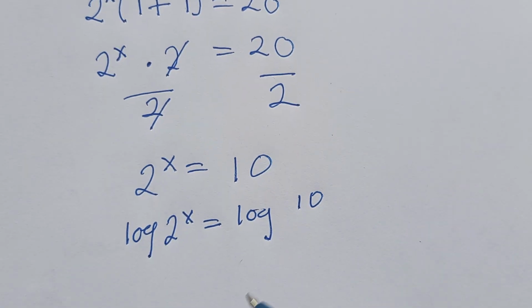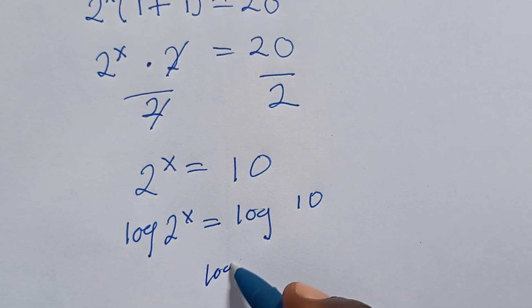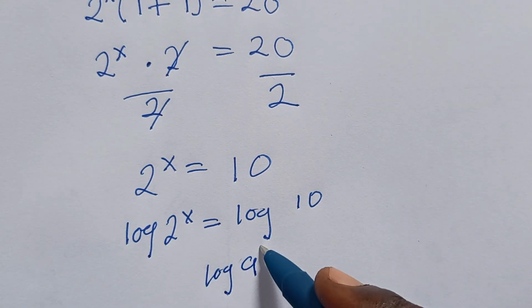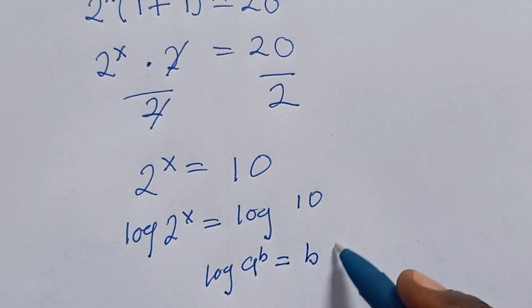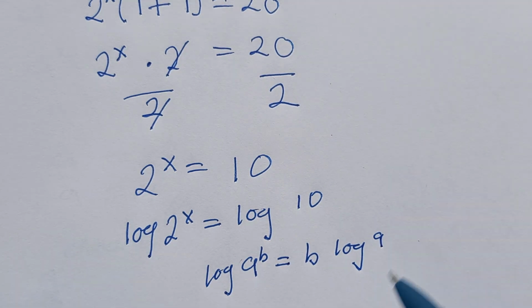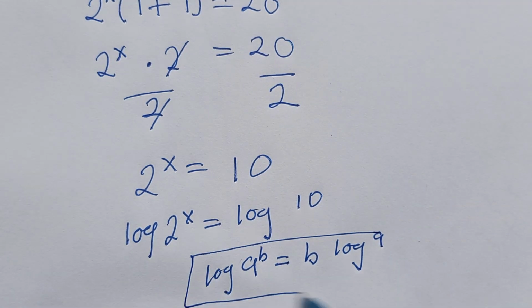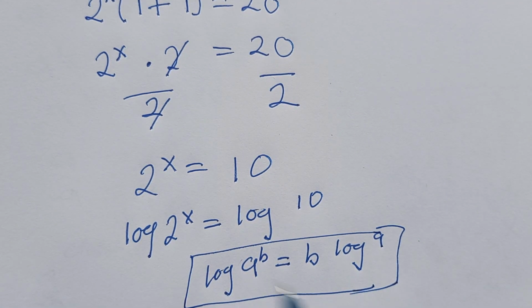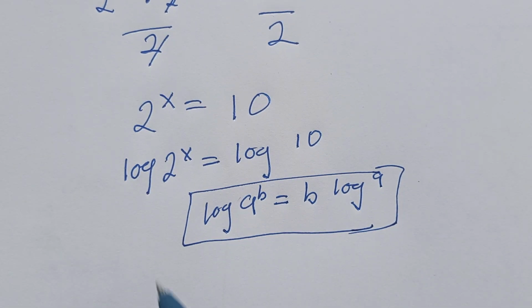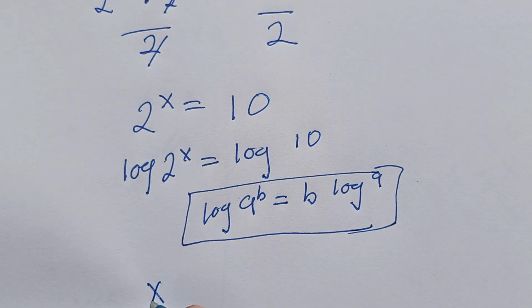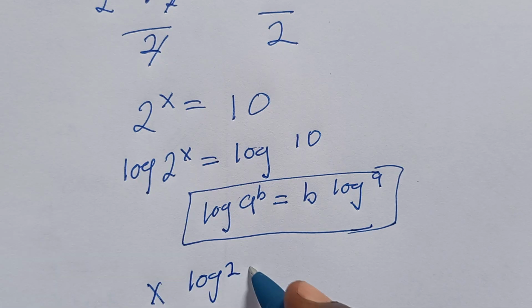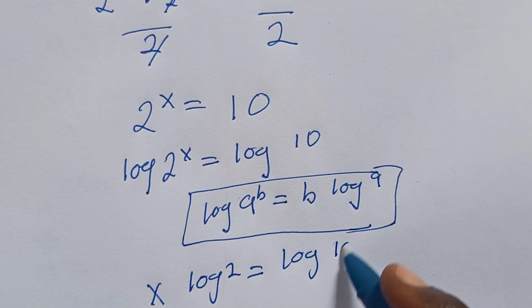So we know the log of 10, but let's solve further so that we can actually note something. But note that log of a to the power of b is the same thing as b log a. So applying this simple law of logarithm here, we are going to have x log 2 equal log 10.